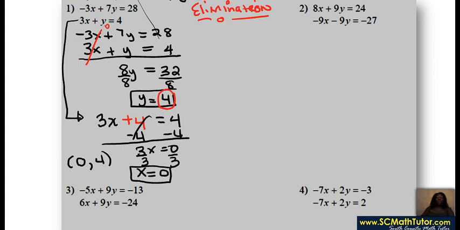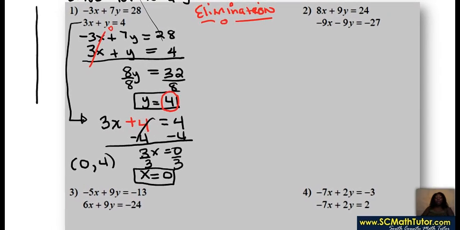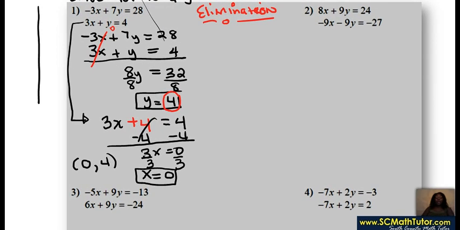What we're actually doing here is these things are two lines. They're not going to be accurate, of course, because I don't have a grid and I'm not trying to make them accurate. But these are two lines that are crossing at some point, at (0, 4).